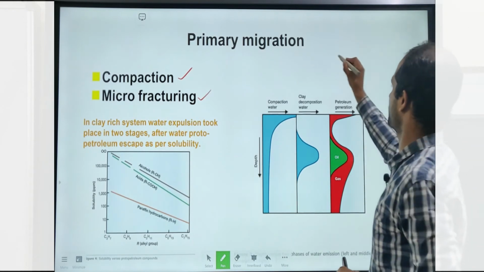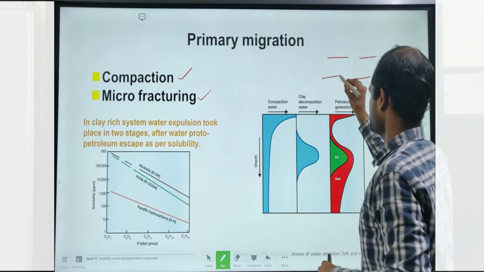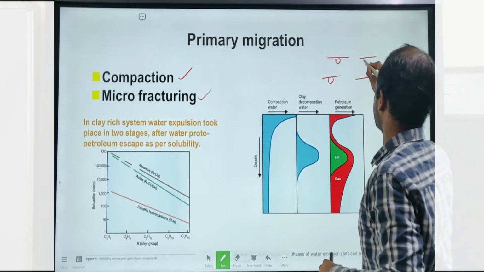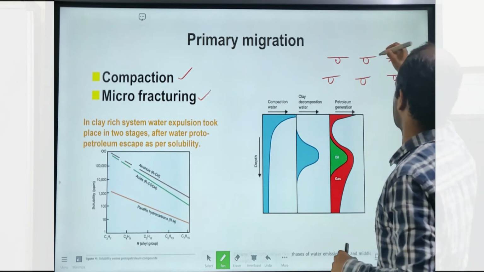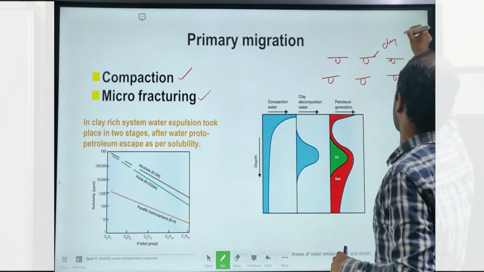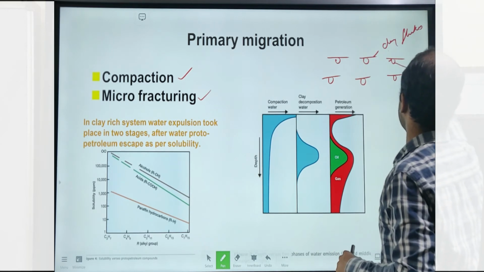What happens, suppose these are our clay layers and they have the organic material associated with them. This is clay flakes and this is organic material.